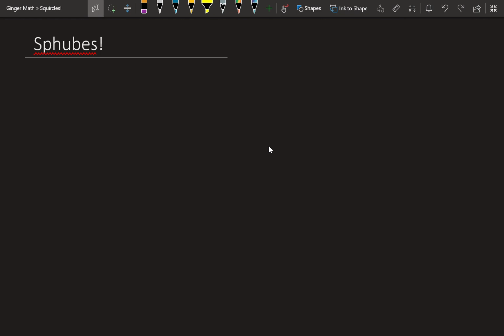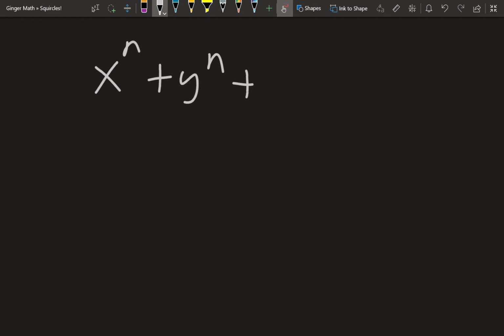Okay, so our equation for a sphube is just going to be x to the n plus y to the n plus z to the n equals r to the n.